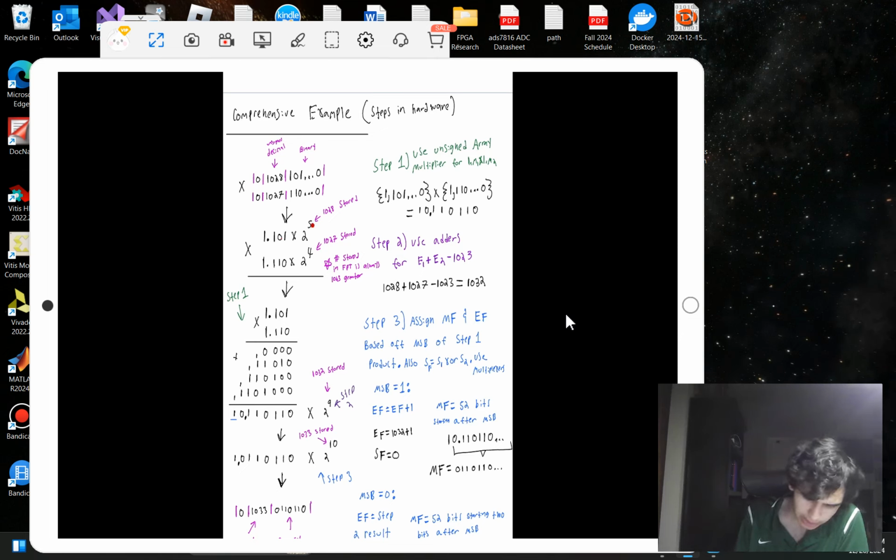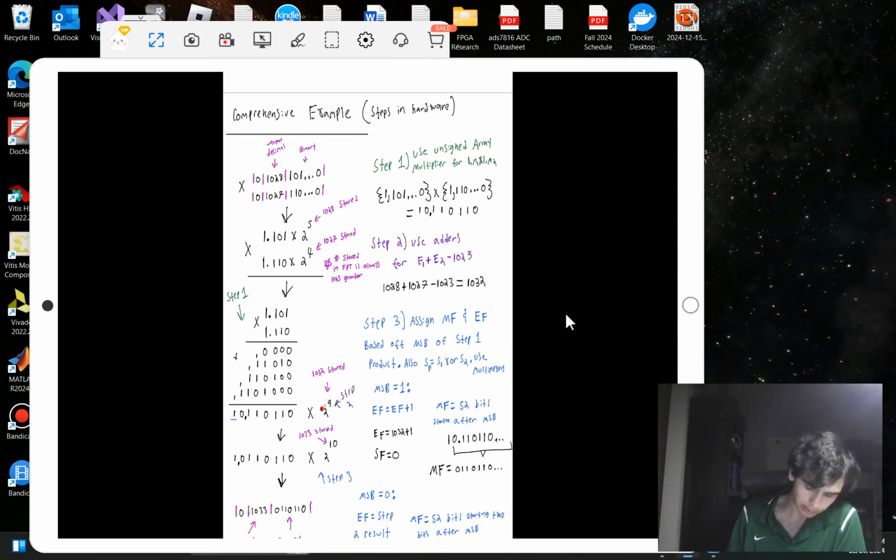To do this, we can't just add 5 and 4 because we're not given 5 and 4. We're given 1028 and 1027. So we use this formula to get the encoded value, because the actual number here is 2 to the 5, and the actual number here is 2 to the 4. That means the actual number is going to be 2 to the 9.